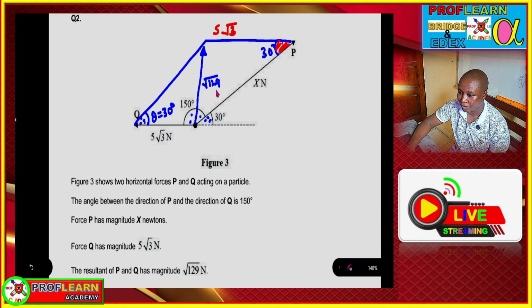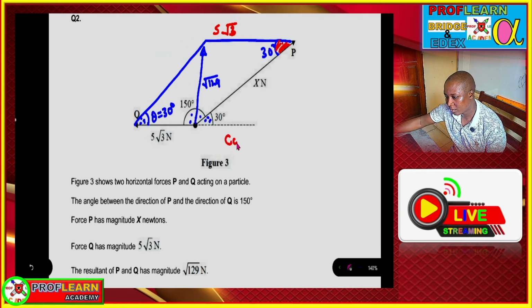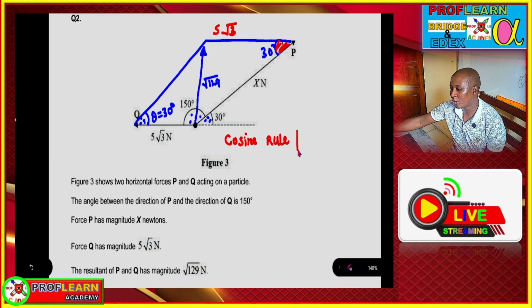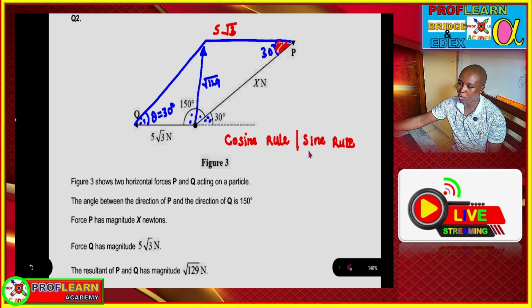Now, in order to work out this, we are going to use the cosine rule. You can use the cosine rule, or you can use the sine rule. Now, how do you use the sine rule? For instance, first we may want to know what this angle is.